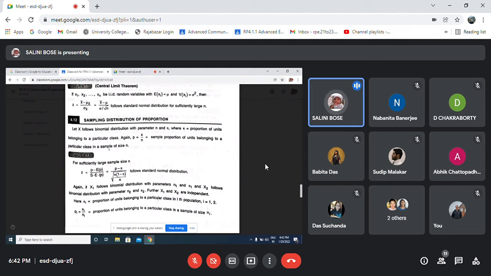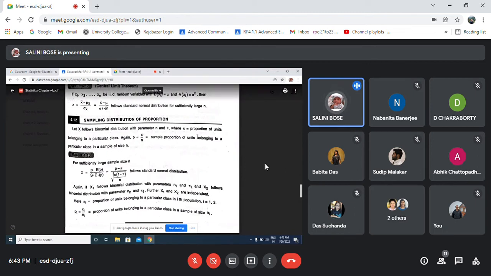So if p is the sample proportion, that is x by n, then for a sufficiently large sample size n, z will be p minus. Why p minus? Because you remember the formula x minus mu by standard deviation, sigma by root over n.